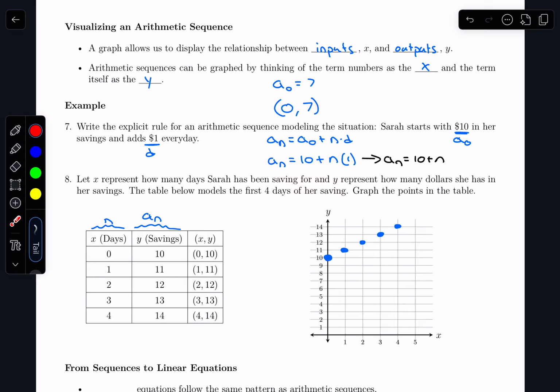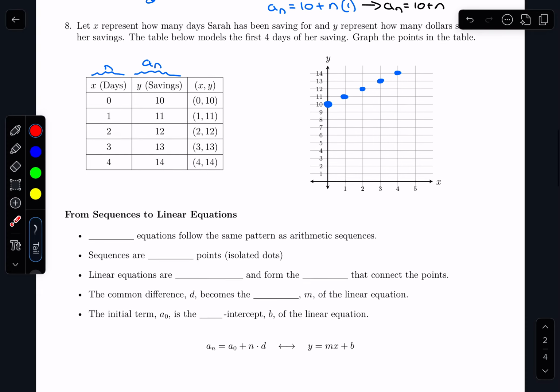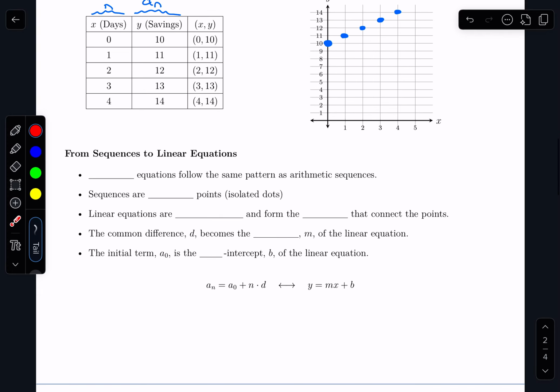But all right, that's just an arithmetic sequence. We're not quite at a line yet. So let's see how to go from a sequence to a linear equation. Linear equations follow the same pattern as arithmetic sequences, where you're adding a common difference each time. But the big difference is that sequences are called discrete points, which means isolated dots.